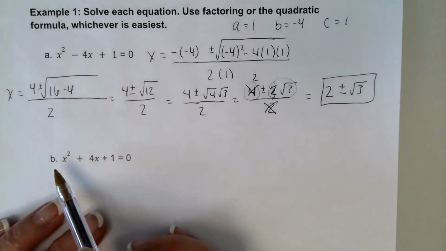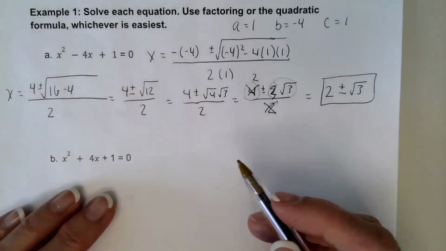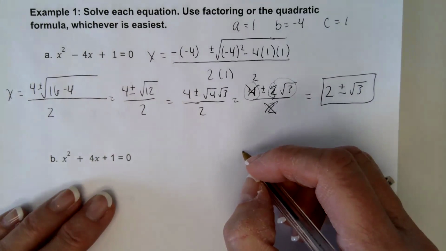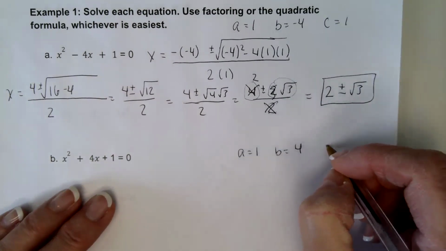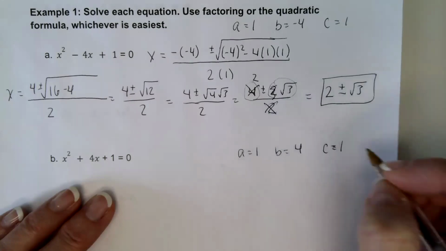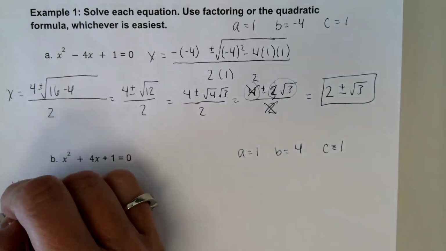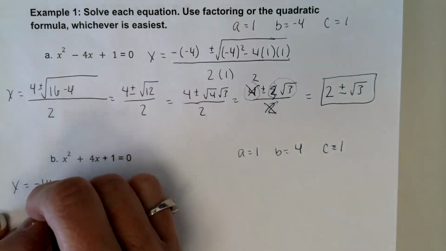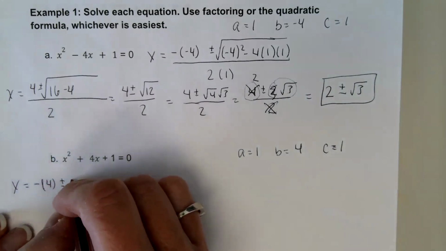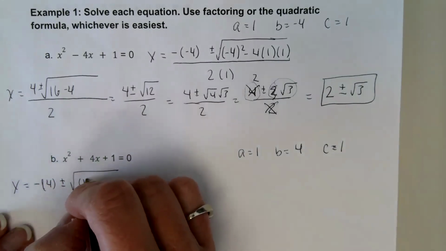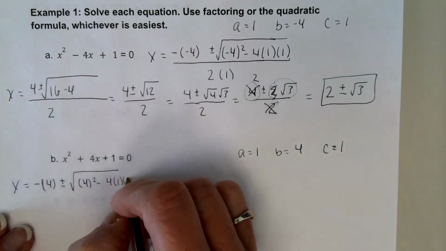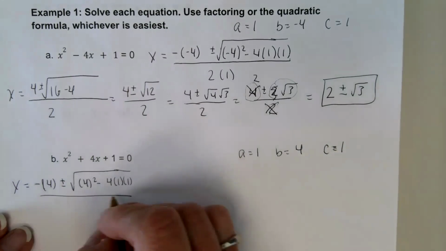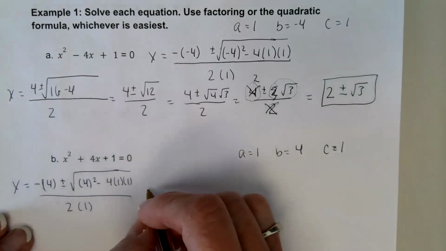So let's solve the next one. x squared plus 4x plus 1 equals 0. So again, we have a equals 1. This time b equals a positive 4 and c equals 1. So x equals the opposite of a positive 4 plus or minus the square root of 4 squared minus 4 times 1 times 1, all over 2 times 1.